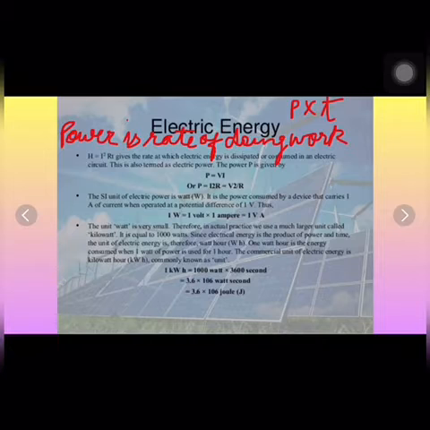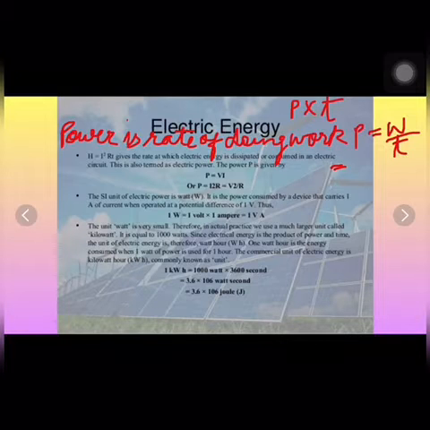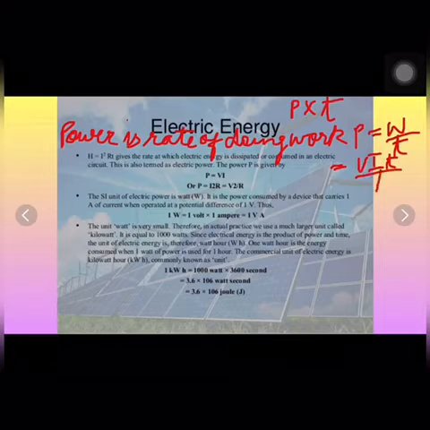So from the definition we can write power as W upon T, where W is the work done and T is the time taken, and work done can be written as VIT. This we have done in the derivation of Joule's law of heating. From there you can see how work done can be written as VIT.